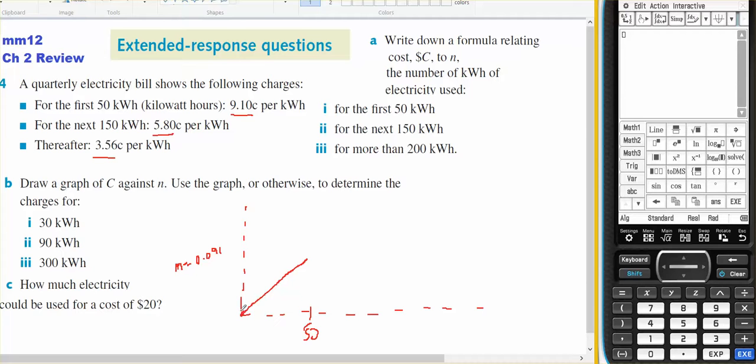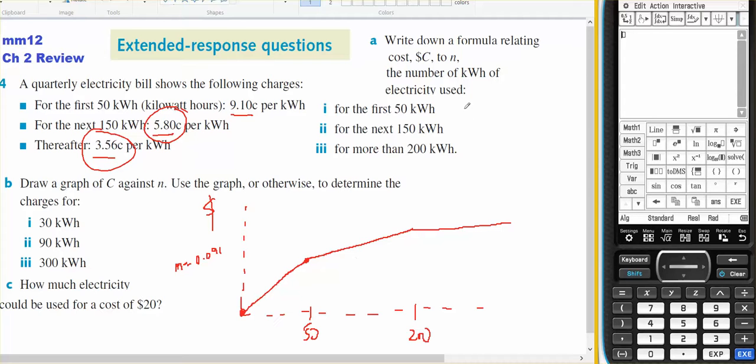And of course if you don't use anything you get charged nothing, and that will give us a total. Then for the next 150 it's cheaper, so the gradient will be less because I only get charged 5.8, and then after that it's cheaper again because you only get charged this. So I've got this hybrid graph happening.